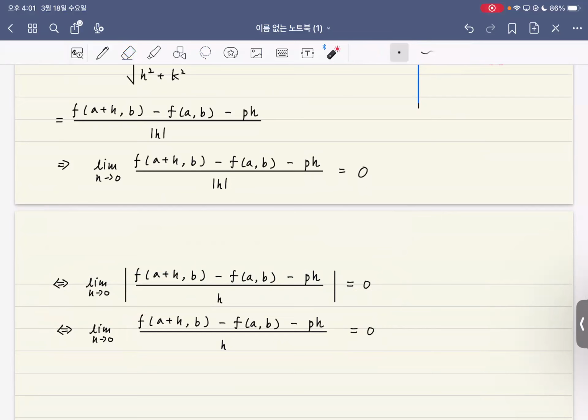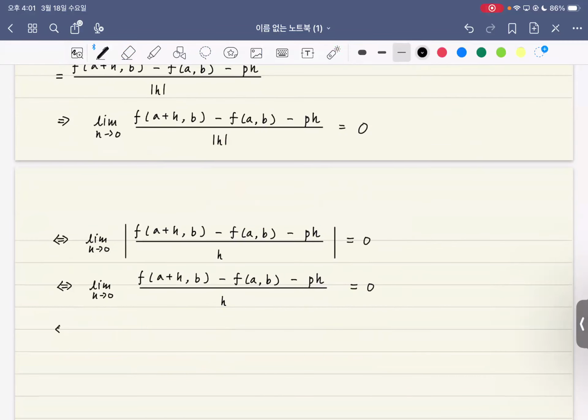By doing so, I just got rid of the absolute value on the denominator. And this is what? f(a+h, b) minus f(a, b) over h is p.